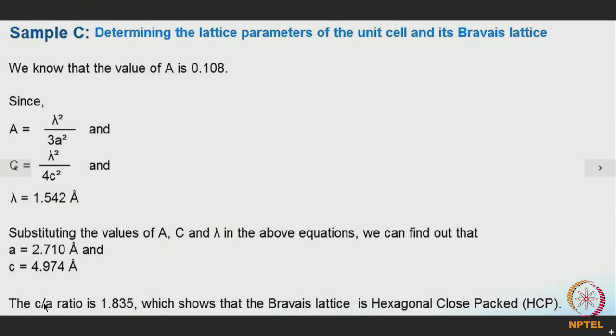Now, the C by A ratio is 1.835, which shows that it is a hexagonal close packed structure. You see, it is wrong to say that this is a Bravais lattice. This is not a Bravais lattice. So, this material that we have examined has a hexagonal close packed structure.